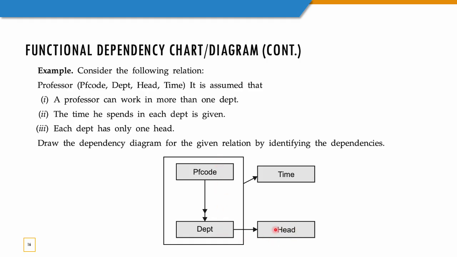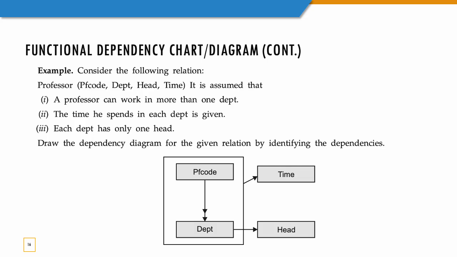And then the head: each department has only one head, so the arrow is drawn from the attribute department to head because it's directly dependent. Okay, so far so good.